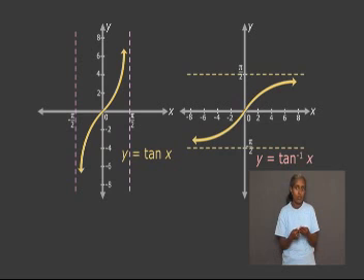Therefore, the inverse tangent function, or arctangent, is a function that assigns to each real number x the unique number y in the interval of negative pi over 2 and pi over 2, such that x equals tangent of y.